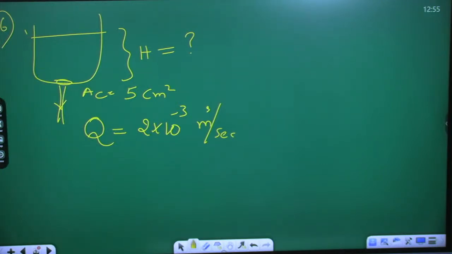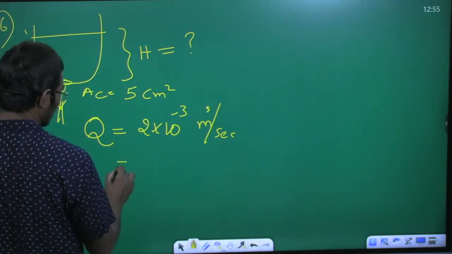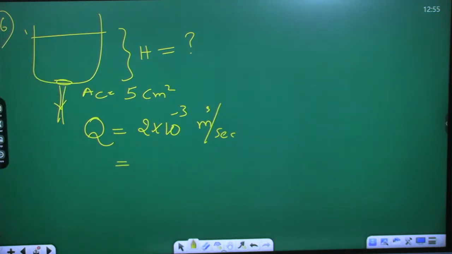So how do you solve? See, this is a direct, simple question. Try to solve. What are the different ways?